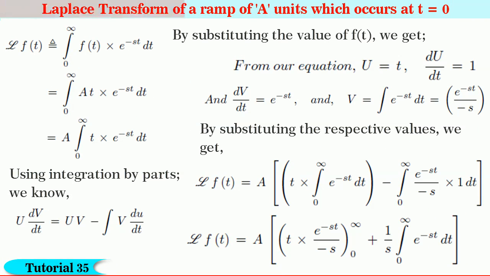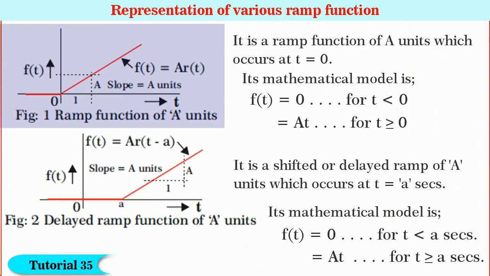Friends, now let us find the Laplace transform of a ramp of A units which occurs at t equal to 0. This function is shown in figure 1. We know its mathematical model: f of t equal to 0 for t less than 0 and equal to At for t greater than or equal to 0.